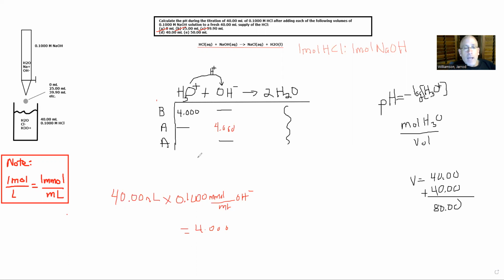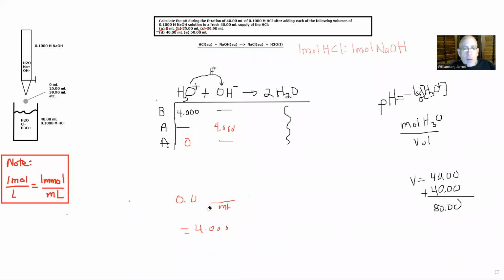And so when I'm done, I end up with nothing there. I have exactly used up all the hydrochloric acid with an exact amount of the hydroxide. So what's going on?